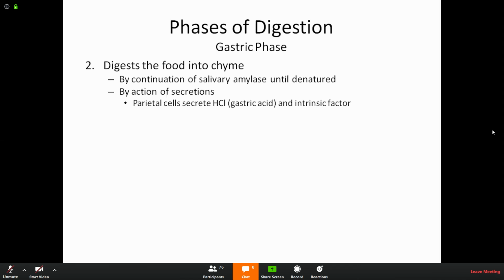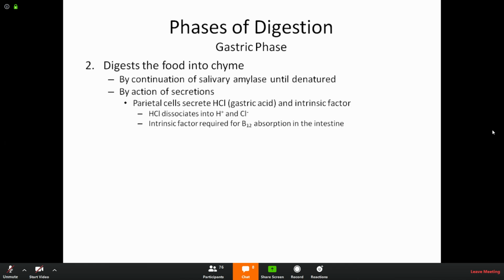So there are different cells in the stomach, and these cells secrete the gastric juice, and this gastric juice helps in digestion of the food. For example, parietal cells, which are present in the stomach, help in secretion of hydrochloric acid and intrinsic factor.